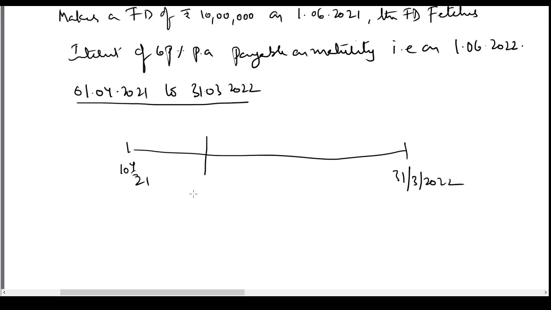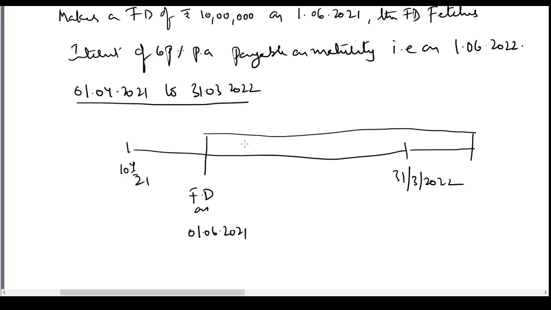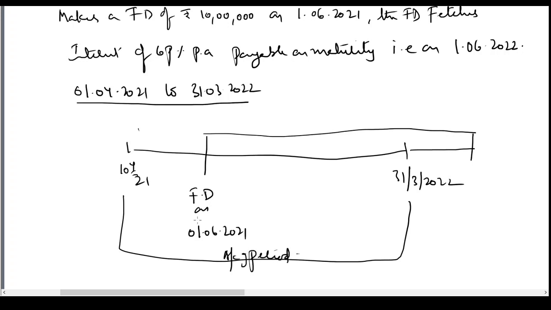The fixed deposit was made in the bank on 1st June 2021 and it is going to run for a period of 1 year. That is the period for which I am going to prepare my financial statements, and the FD tenure is 1 year. It's going to mature on 1st June 2022.